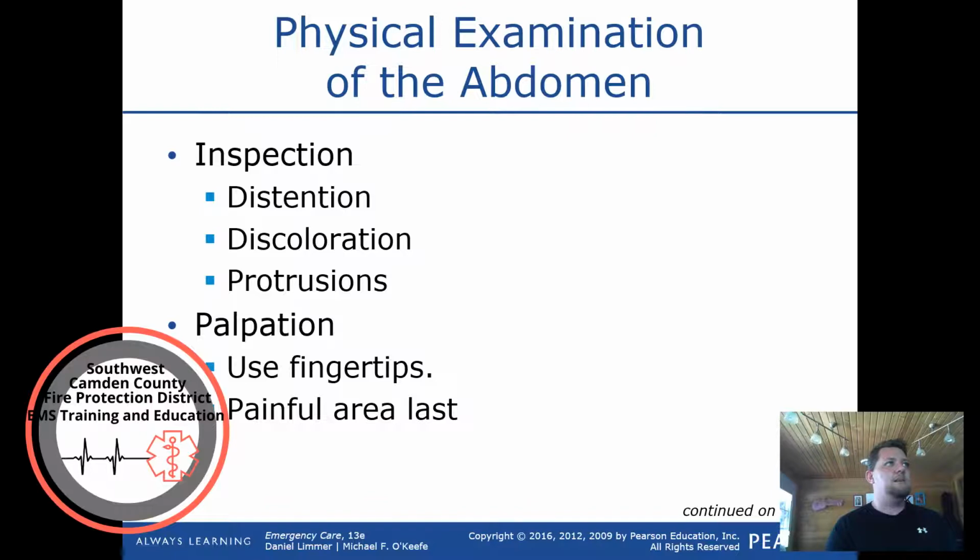So, physical examination of the abdomen. On inspection, we want to look for distension, discoloration, or protrusions. With protrusions, we're looking for any kind of hernias or organs. With discoloration, we're looking for bruising, in the various stages of bruising. If it's a purple-blue, then it's probably new bruising.